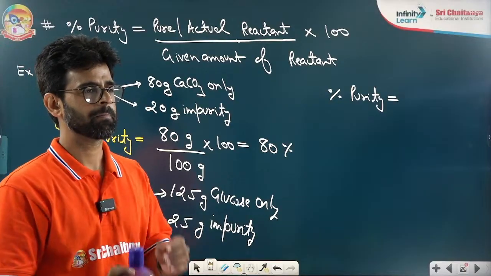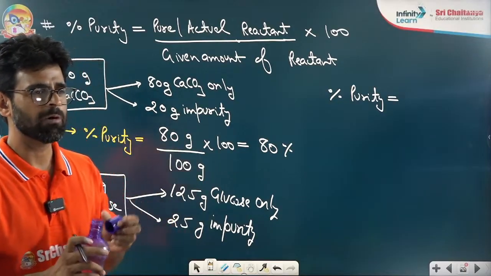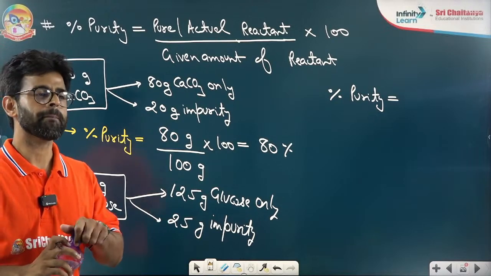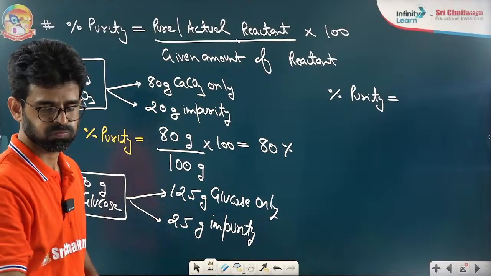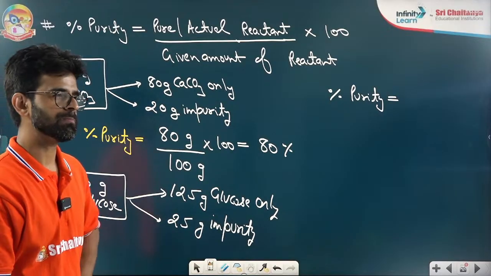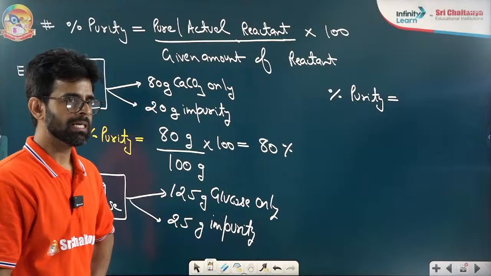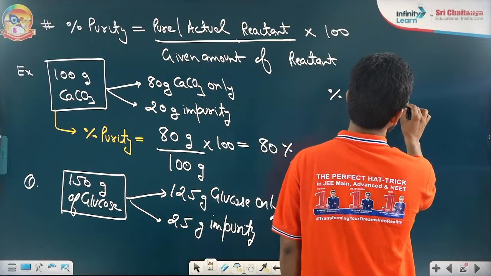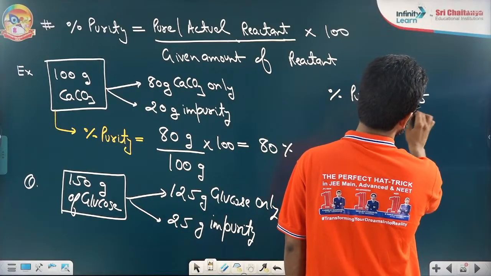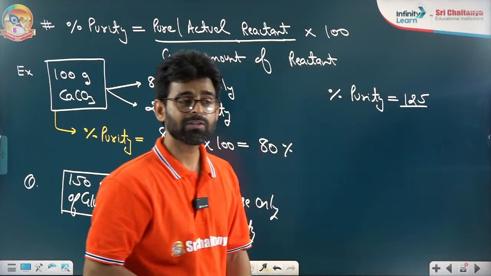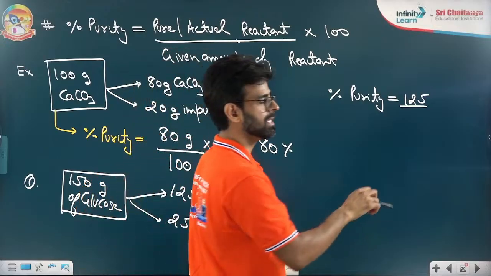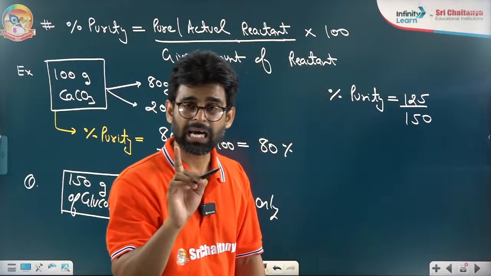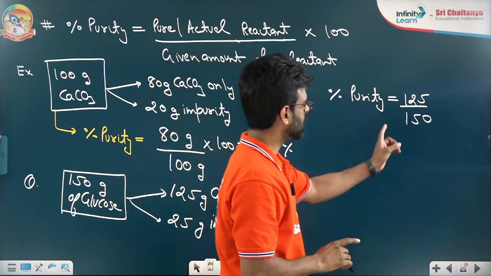Tell me fast. 125 is the actual amount. Out of how much? Given 150. 125 is the actual pure amount, divided by how much?